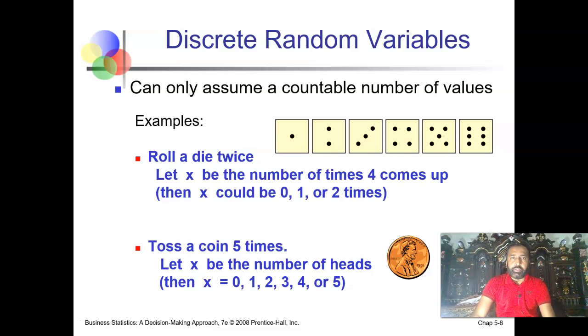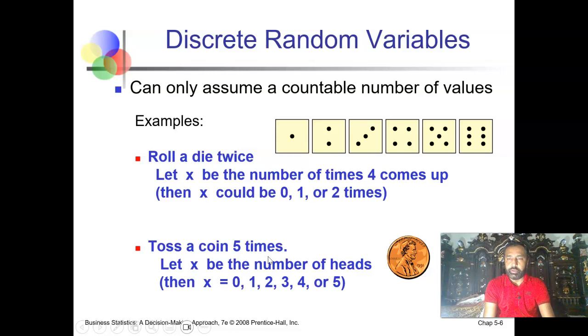Now, about discrete variables, this is one example of a dice. If we roll our dice twice, either we can get a 4 one time, or both times we can get 4. These are the 6 possible outcomes of a dice. Now, another example is tossing a coin 5 times.